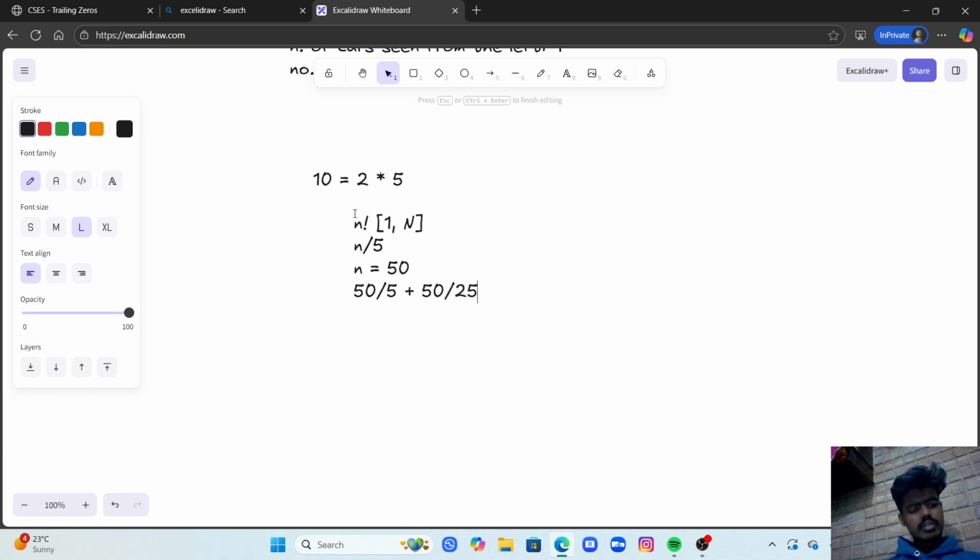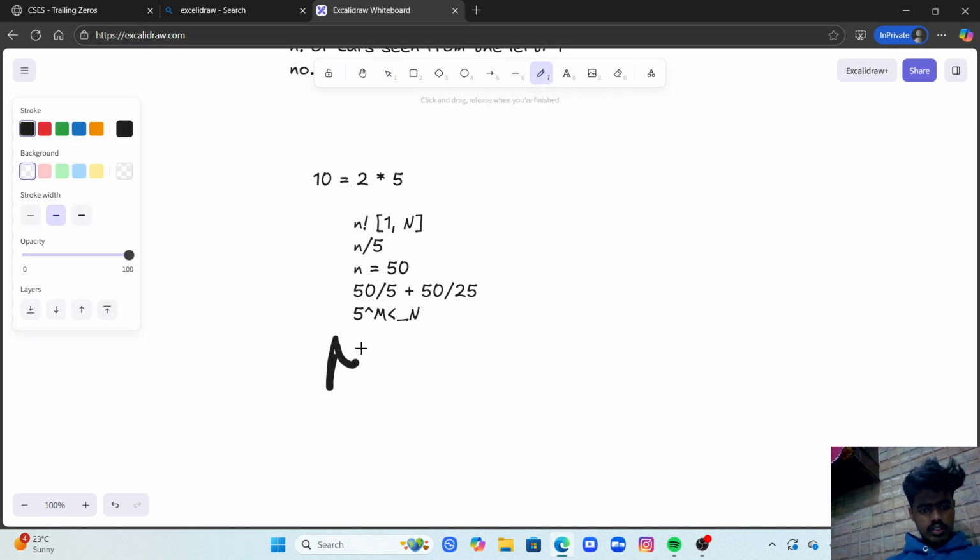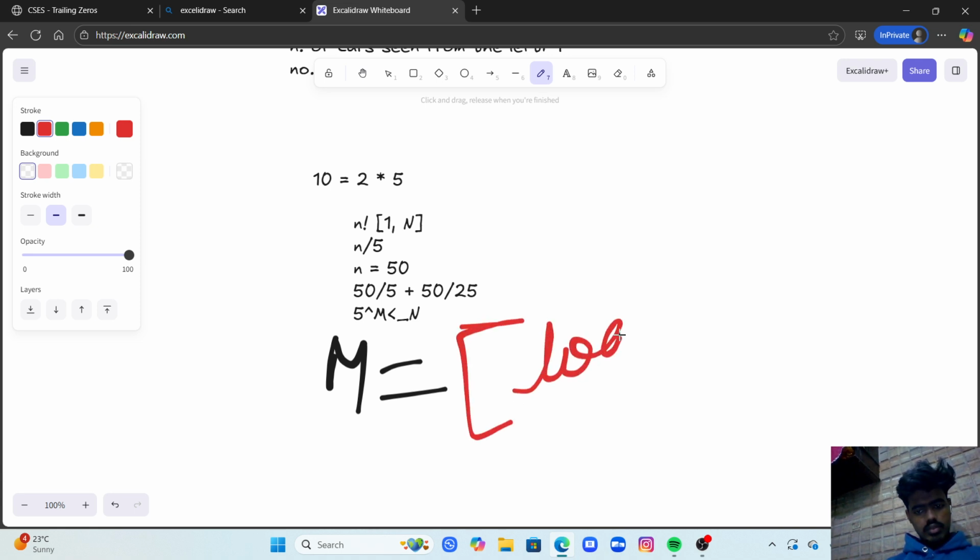The following expression shows the generalization for any given n, where m is the largest integer such that 5^m is less than or equal to n, that is m equals log base 5 of n.